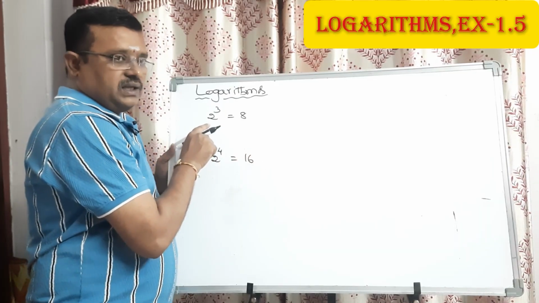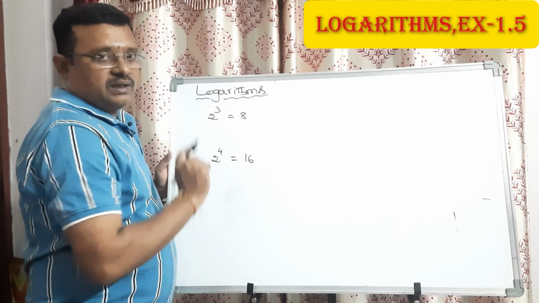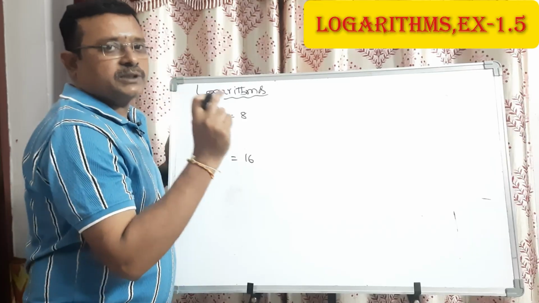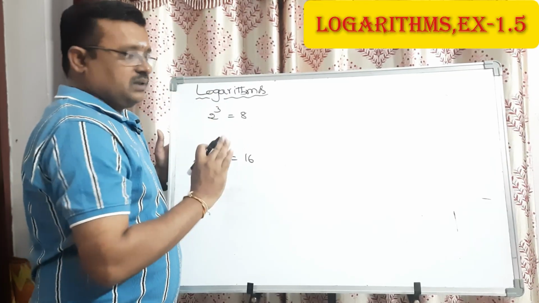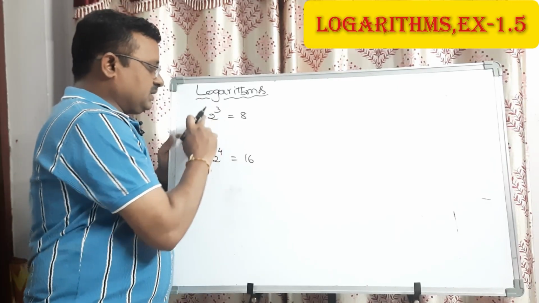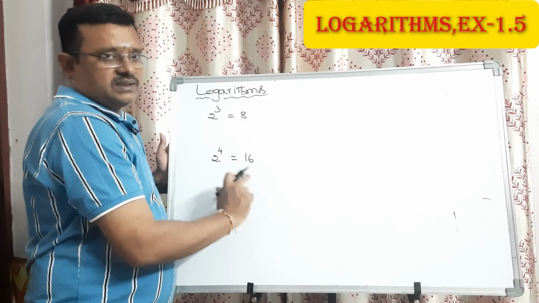So the way of writing something power something is called exponential form. Its result is this.